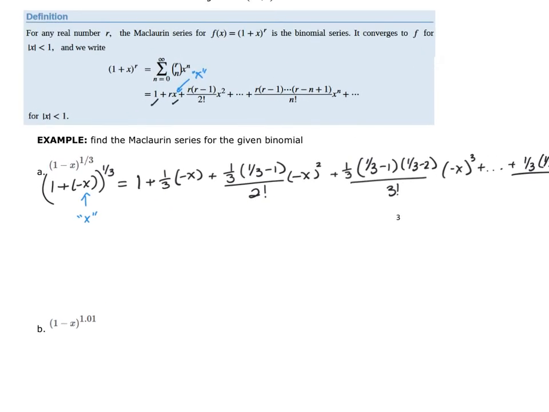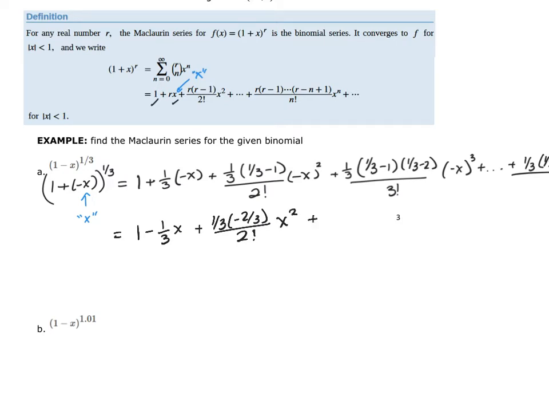Now, I'm going to come back over here, and so this is going to be equal to 1 minus 1/3 x, because of the negative. This ends up becoming plus 1/3 times negative 2/3 over 2 factorial, and then negative x, the quantity squared, is going to give me a positive x squared.